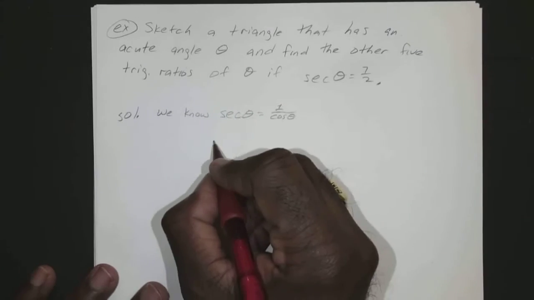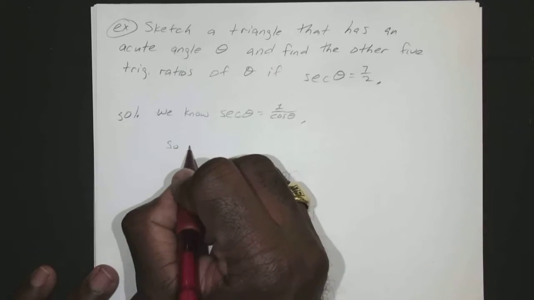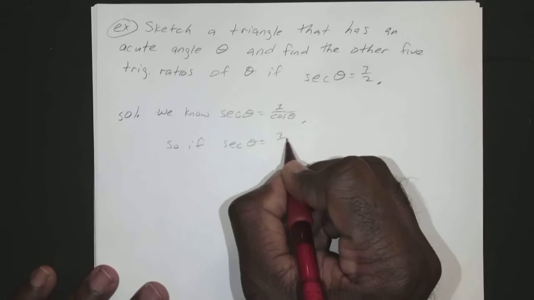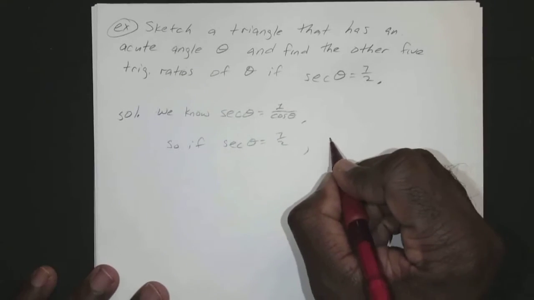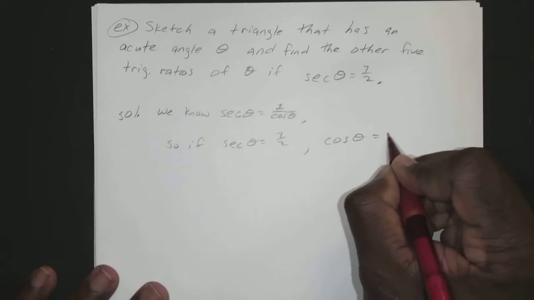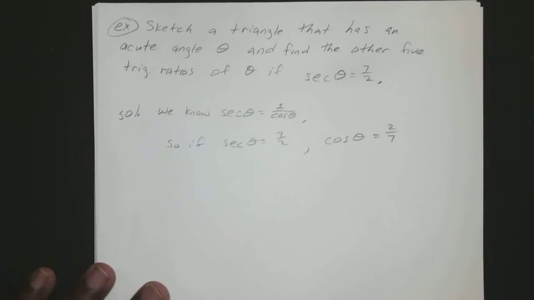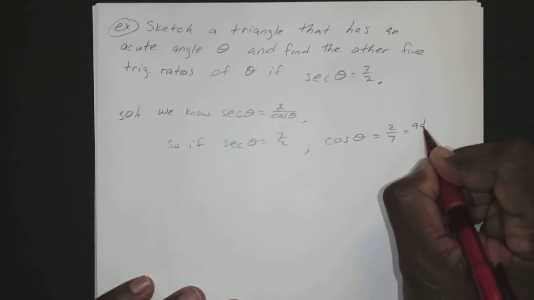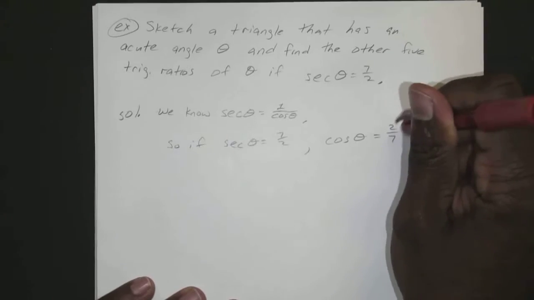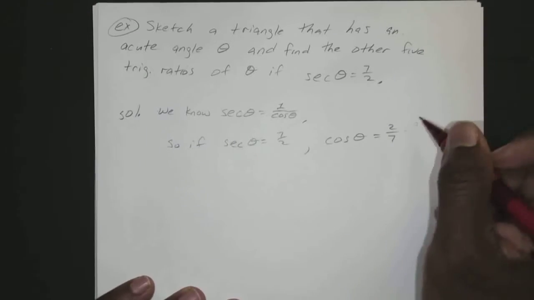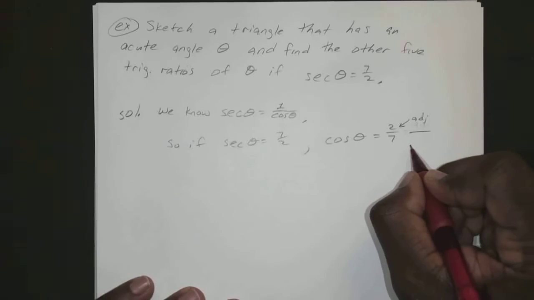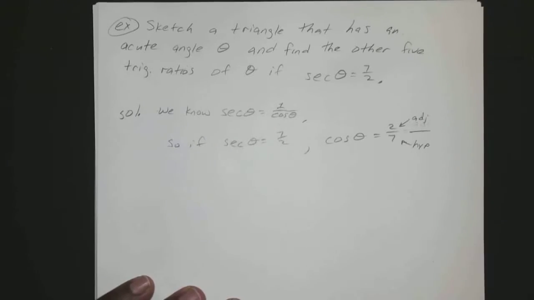So if secant of theta equals 7 over 2, that means cosine of theta is equal to 2 over 7, which just happens to be our adjacent over hypotenuse.